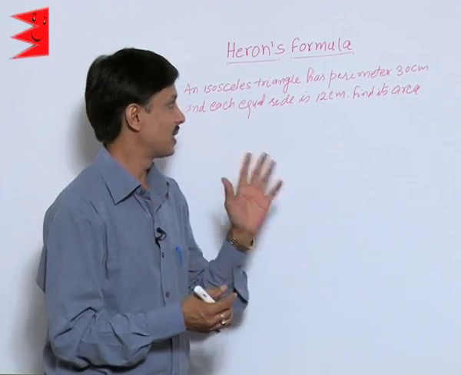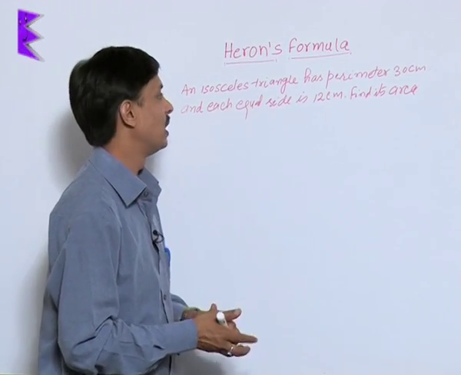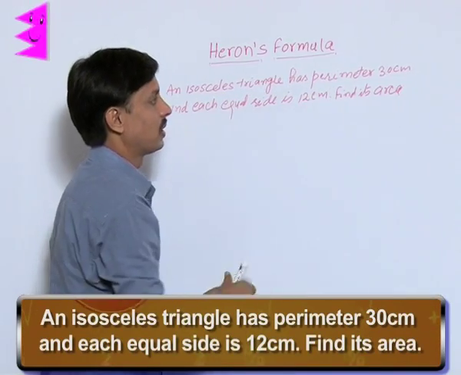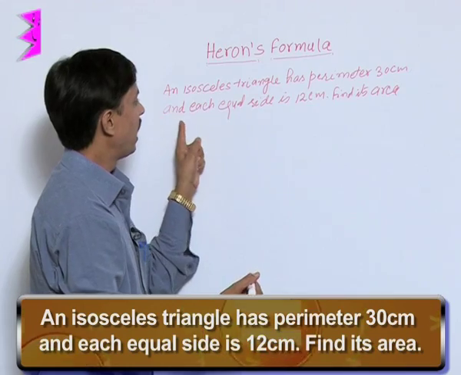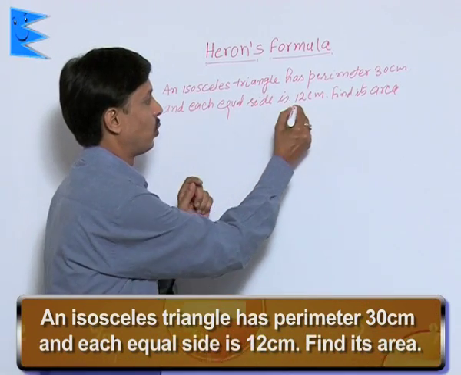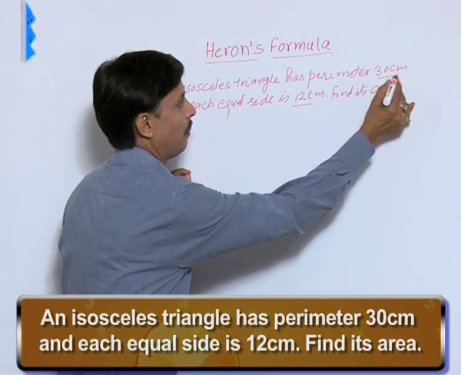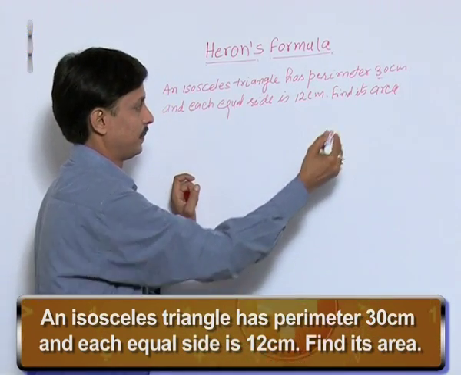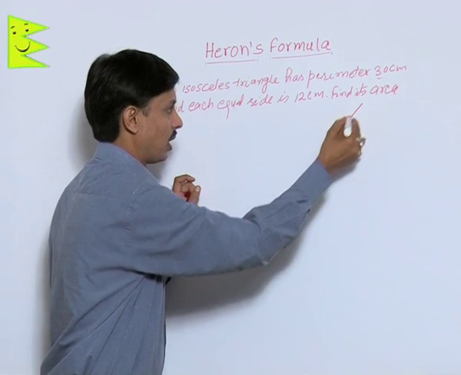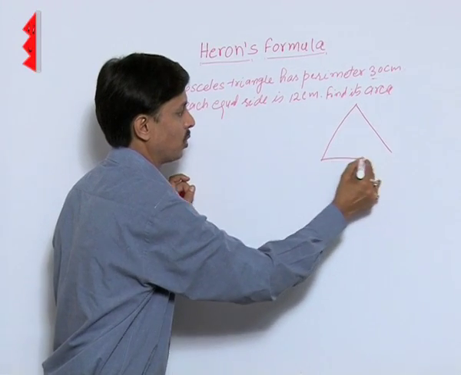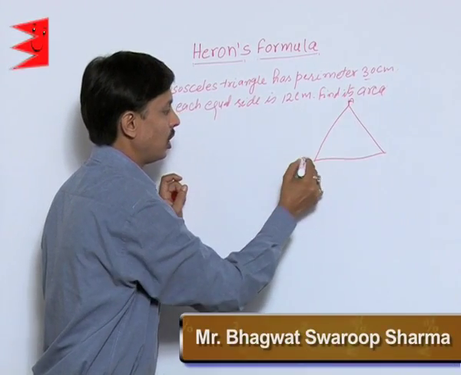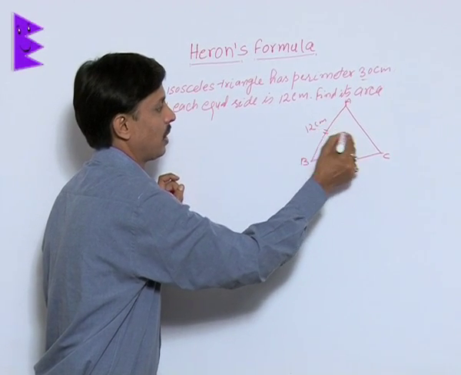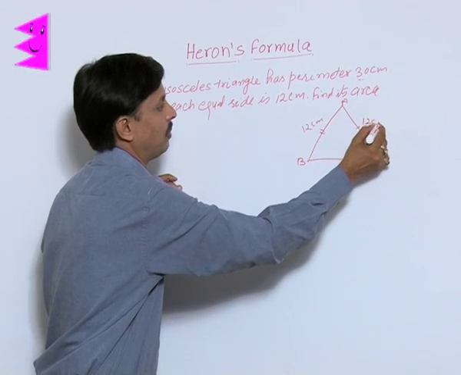Now I want to discuss with you one more problem based upon the Heron's formula. An isosceles triangle has perimeter 30 centimeter and each equal side is of length 12 centimeter. Find its area. I can draw a triangle, suppose ABC, each of its equal side is 12 centimeter and 12 centimeter.